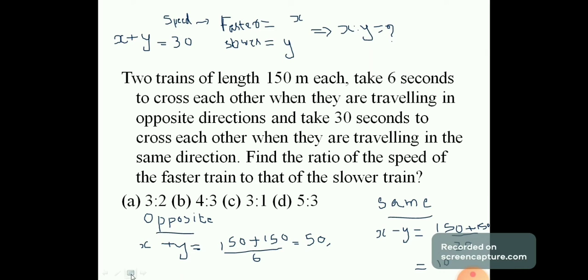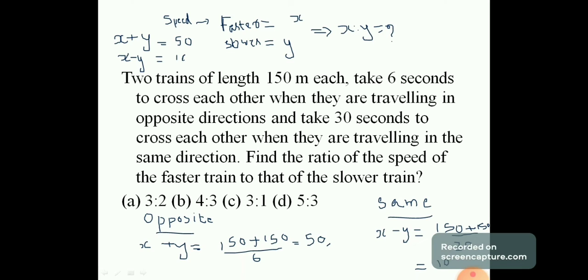X plus y equal to, sorry, not 30, it's 50. X plus y equal to 50 and x minus y equal to 10.